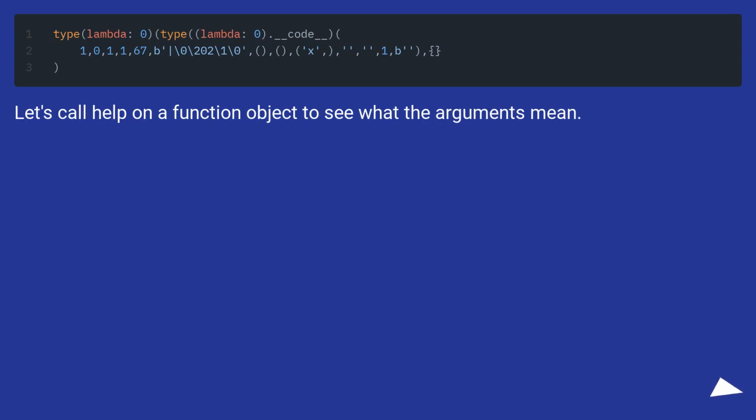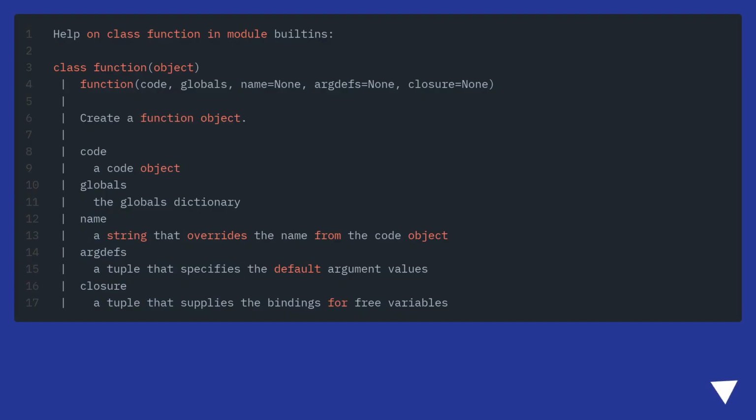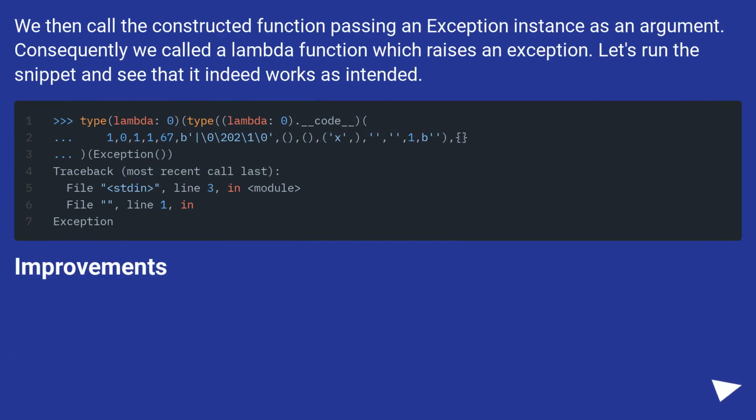Let's call help on a function object to see what the arguments mean. We then call the constructed function passing an exception instance as an argument. Consequently, we called a lambda function which raises an exception. Let's run the snippet and see that it indeed works as intended.